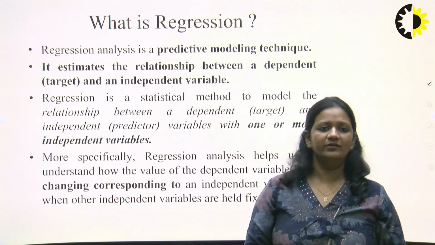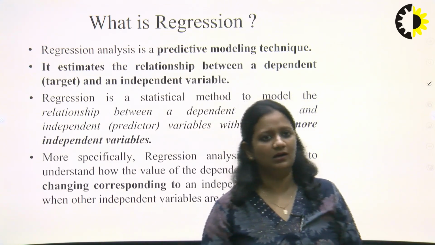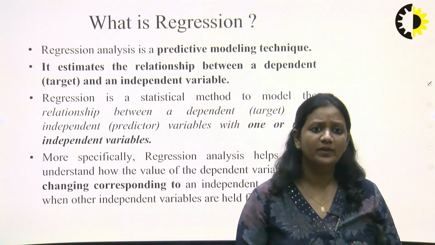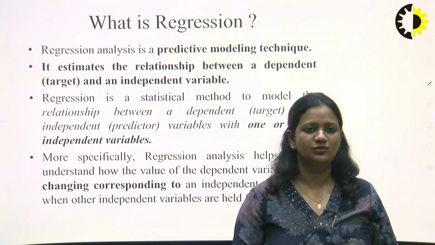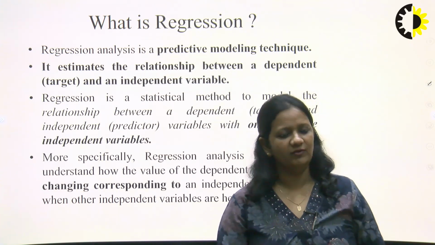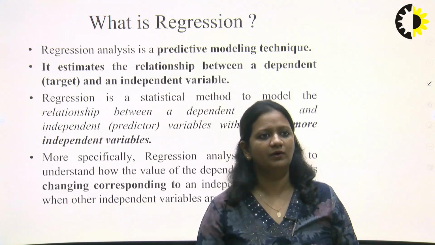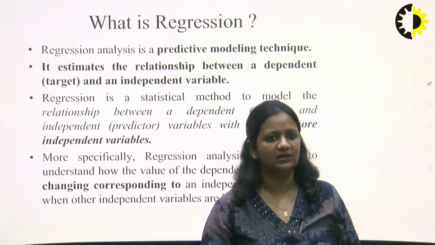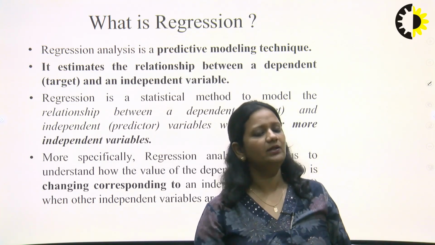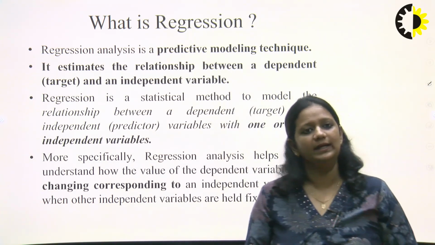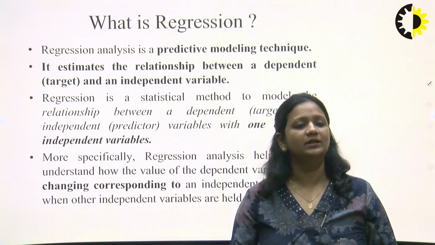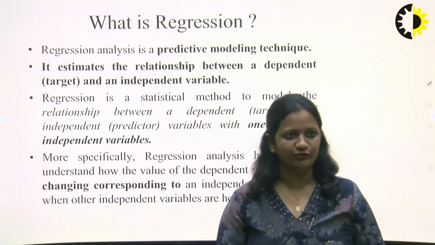In the regression concept, there are one or more variables. There is one variable which is known as the independent variable, and another one is the dependent variable. There can be more than one independent variable present in the regression technique. The dependent variable depends upon the independent variable, and the independent variables are independent of each other.